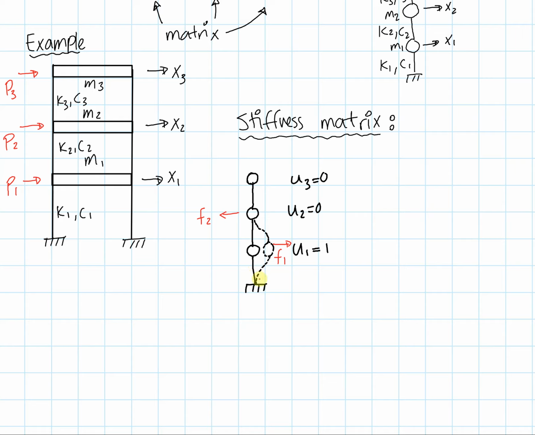So the force that I expect the column in the bottom story to experience is going to be K1. So we have a unity displacement times K1, and that's the force we're expecting in the bottom column. In the second floor column, I expect a K2 as well.